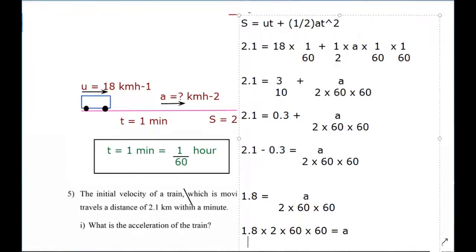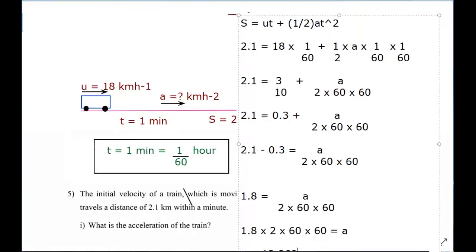So finally we found the acceleration, a equals 12,960. The unit is kilometer per square hour.